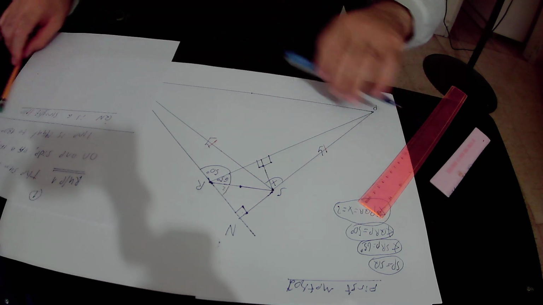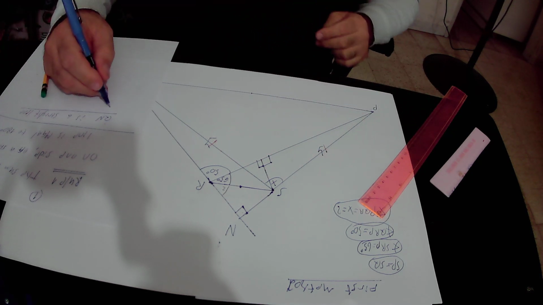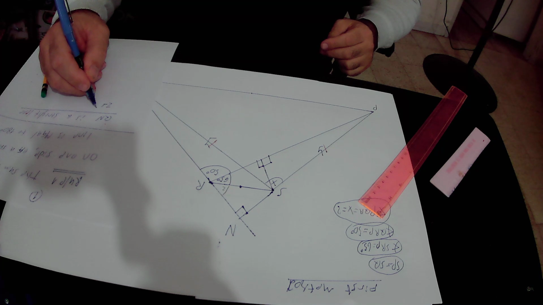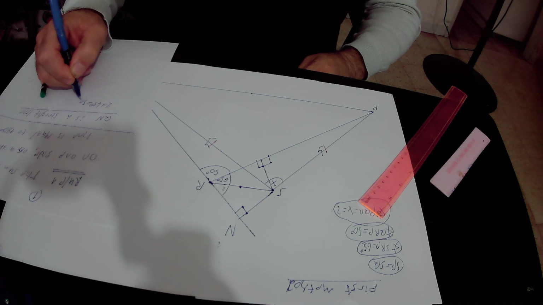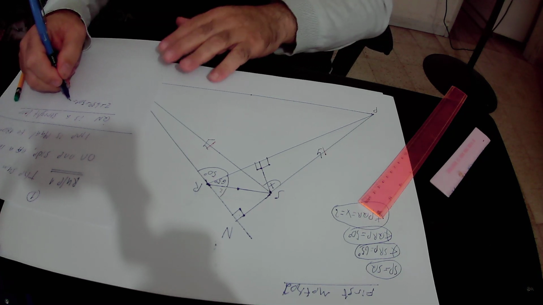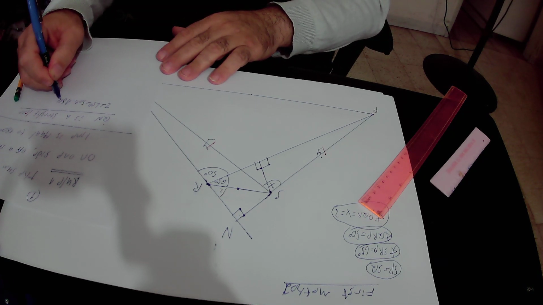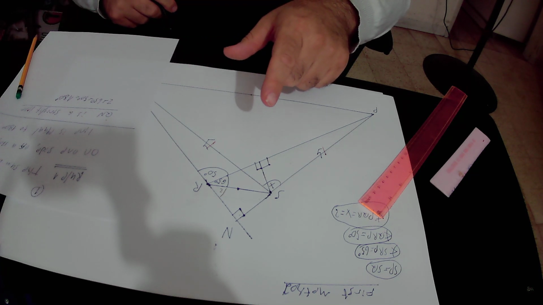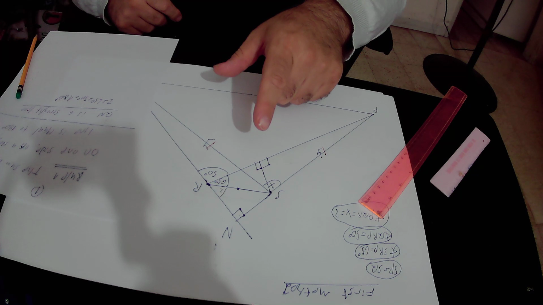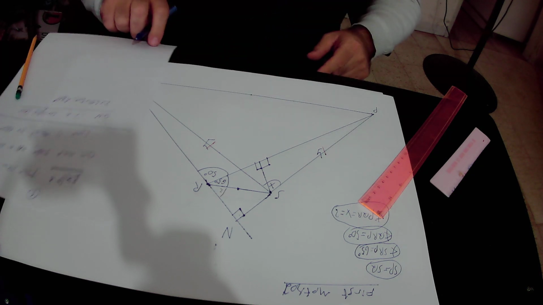That is to say, the size of angle Z plus 65 degrees plus 50 degrees must be equal to 180 degrees, according to rule number 1.